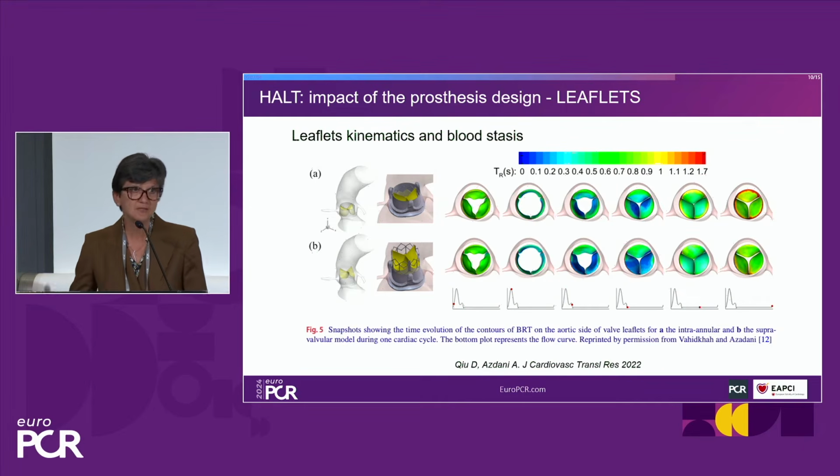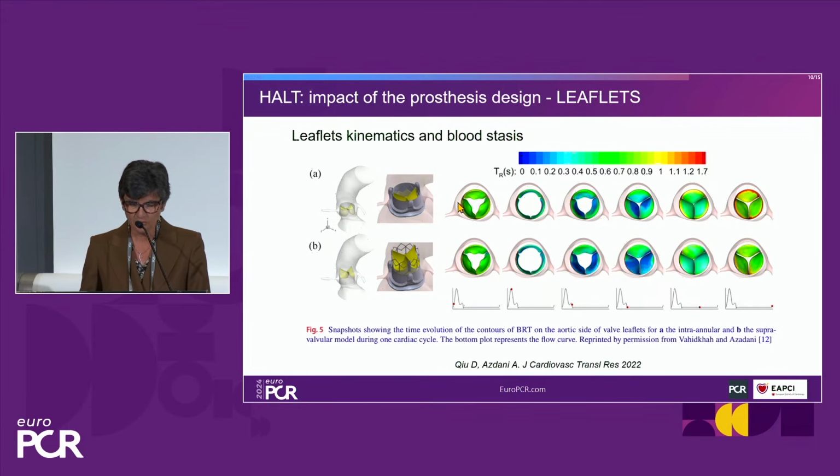So based on this information, engineers work a lot in the companies to investigate the role or the potential role of the leaflets, and they analyze the leaflet's kinematics and the relationship to blood stasis.